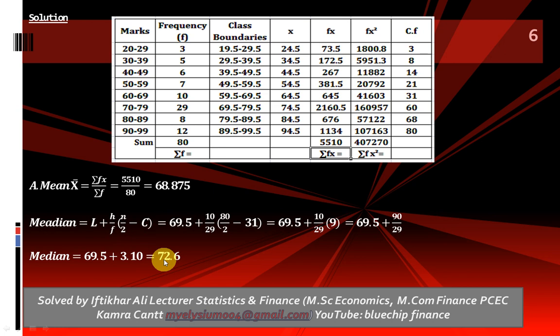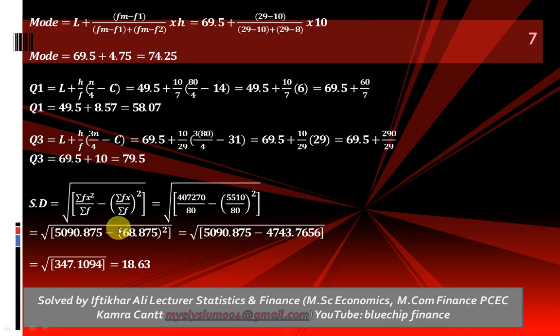In a similar way, we can calculate quartile 3 and quartile 1. Quartile 3 formula will be L plus h over f times (3n by 4 minus c). So in case of quartile 3, we calculate 3n by 4. So n is 80, 80 multiplied by 3 is 240, and 240 by 4 should be equal to 60.